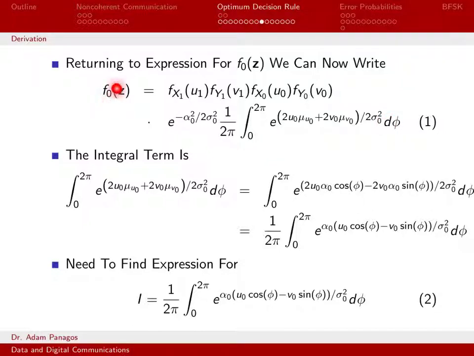We were trying to get a nice expression for the conditional density of our decision statistic z, and we knew we had this big integral to work through, and we've simplified it so far into this times this integral. We've made a lot of progress, but there's still quite a bit left to do. We still need to finish working this integral, and we will continue doing that math and wrap up the optimum decision rule derivation in the next video.